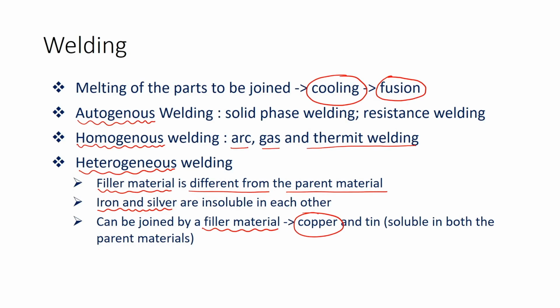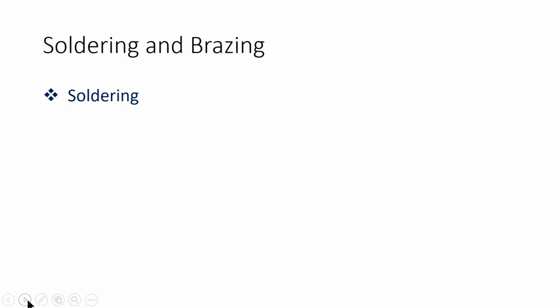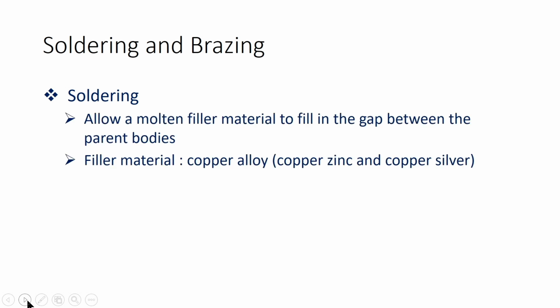So, we apply the heat energy, we melt the copper, and that molten copper will be utilized to join the iron and silver. So, soldering and brazing are examples of heterogeneous welding. When we use copper based alloys as filler materials to fill the gap between the parent bodies, that process is called the soldering operation.